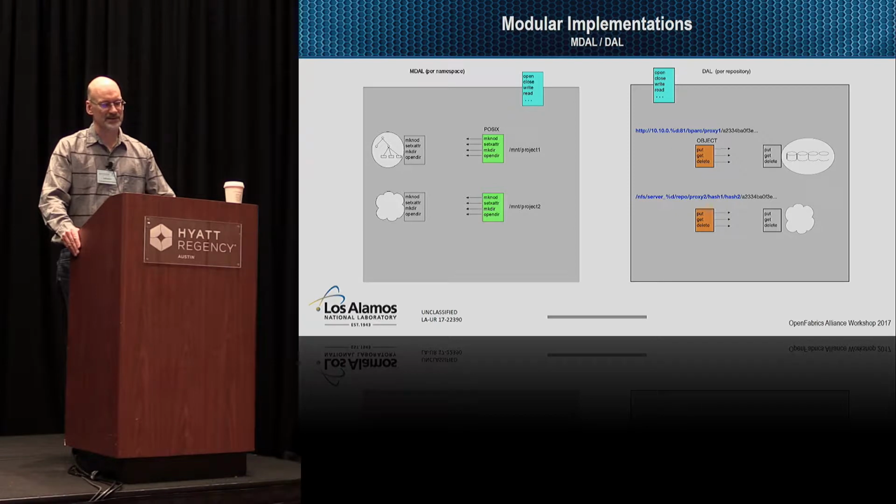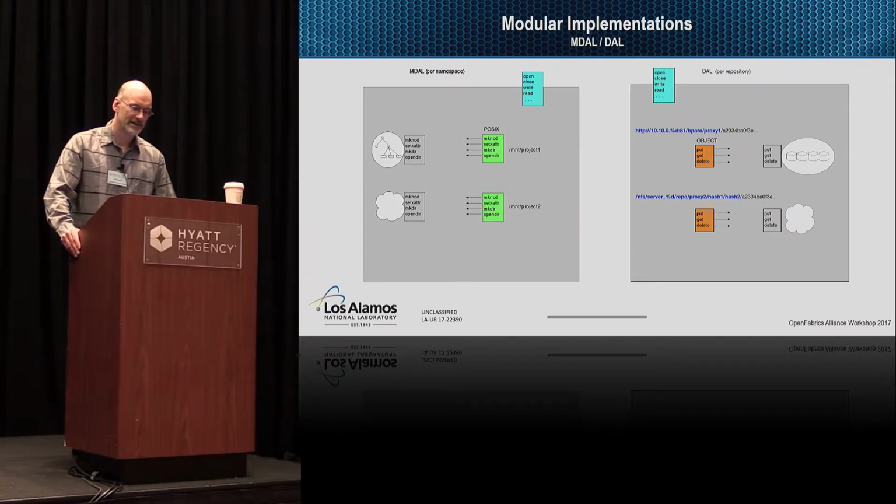The implementations are modular also, so the metadata implementation is sort of a functional interface, a bunch of functions that perform metadata operations for MarFS. We call these abstraction layers, so there's a metadata abstraction layer, or MDAL, and a data abstraction layer, or DAL. So the metadata implementation has setxattr and mkdir and opendir, things like that.